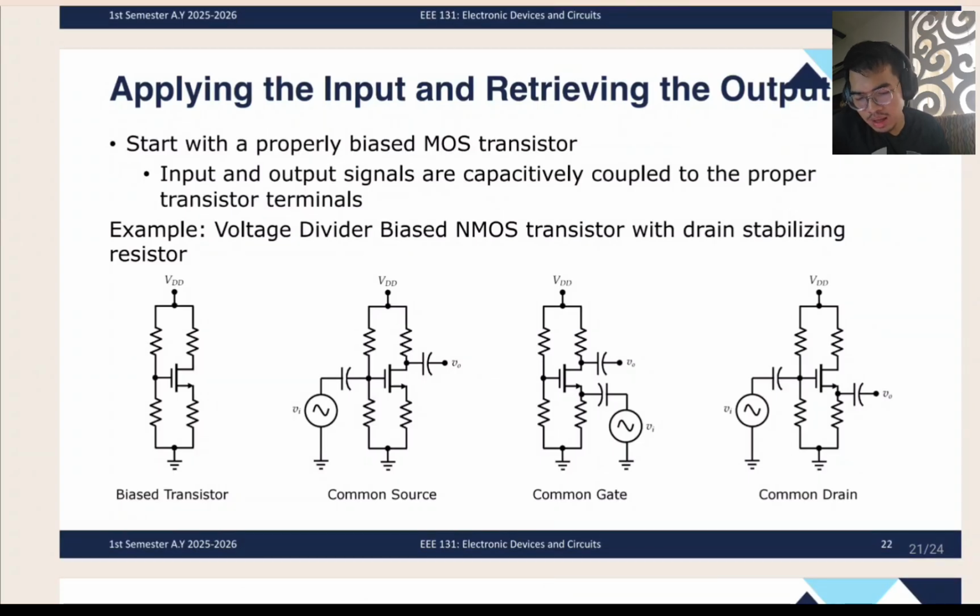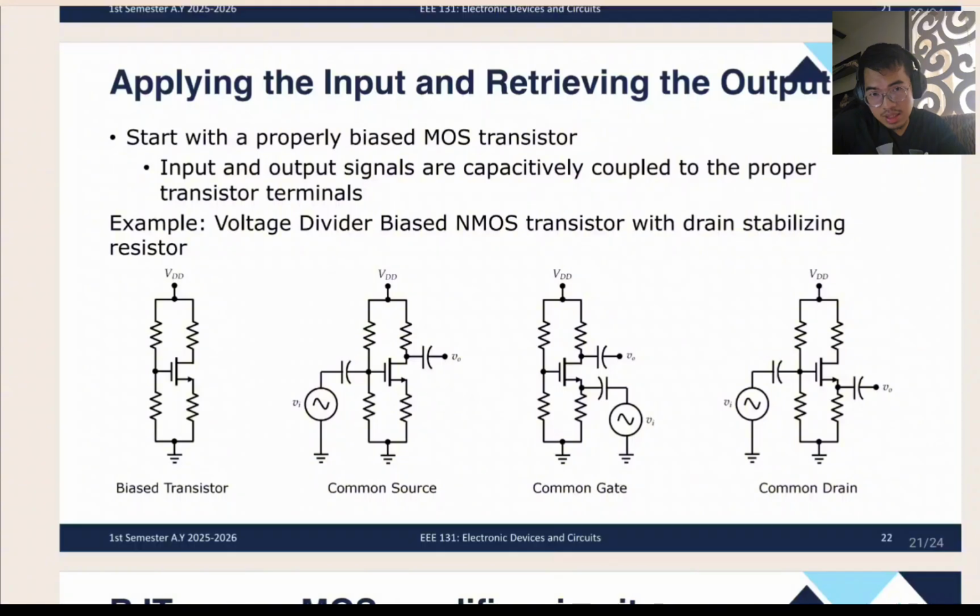So for applying and retrieving the output, we actually make use of coupling capacitors. And again, our discussion a while ago, parang kasama na din yung bias doon. Whenever we're trying to amplify small signals, we want to set an operating condition, and we do that by providing the proper bias.